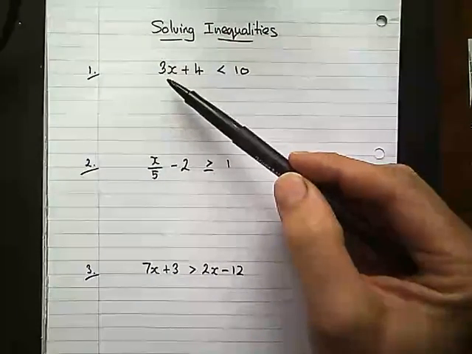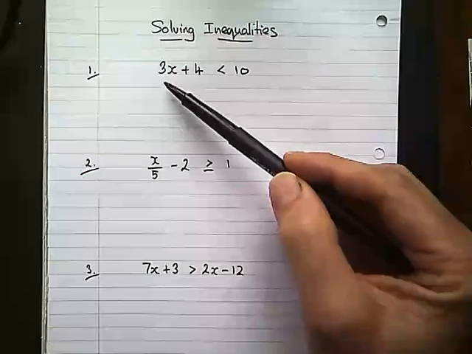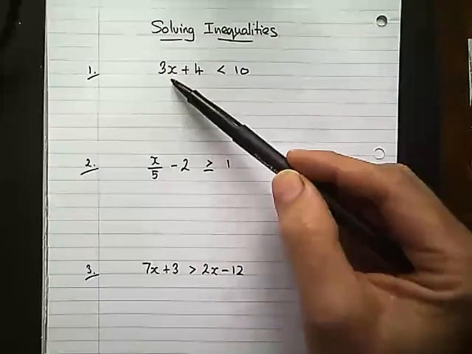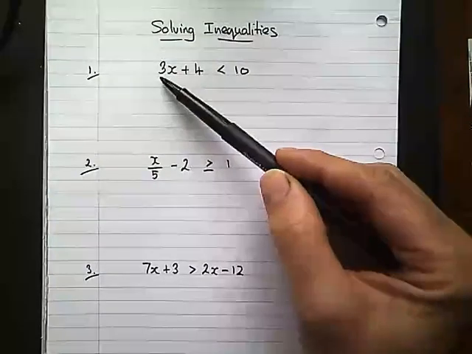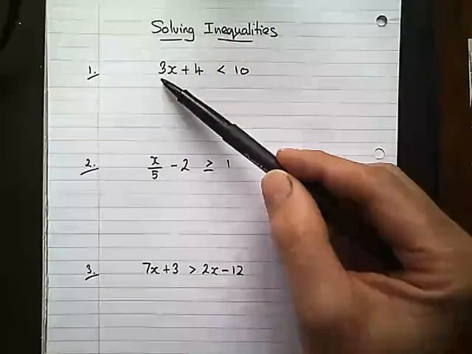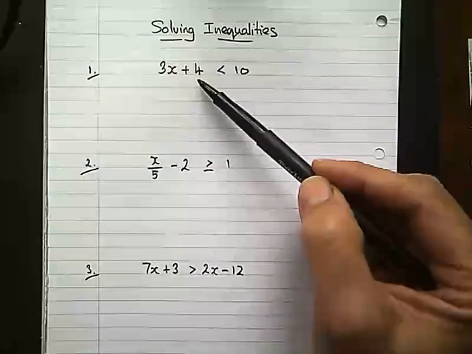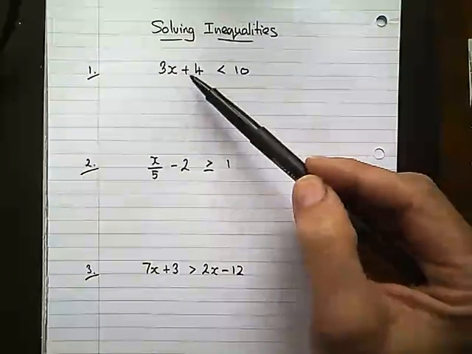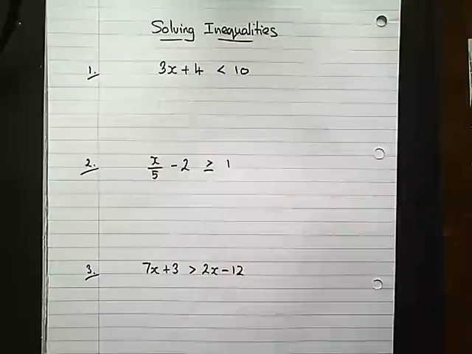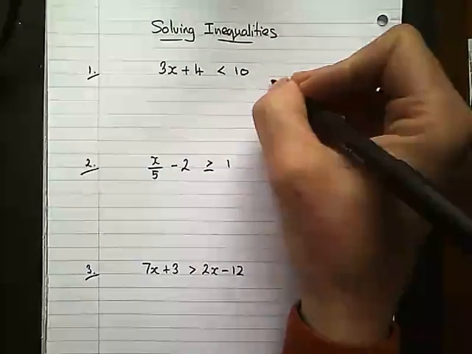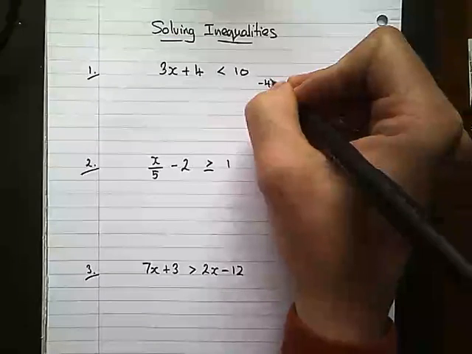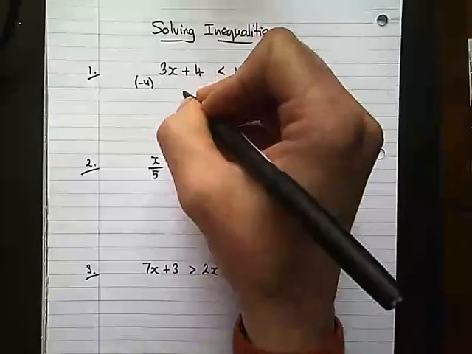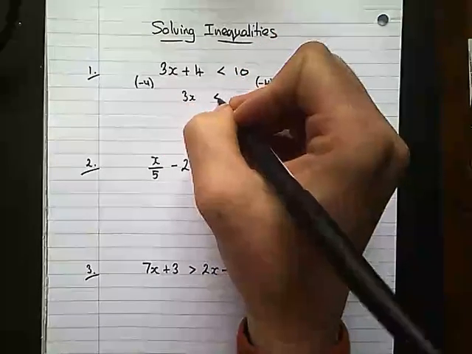So instead of multiplication being the first thing we do, we need to undo it. Think about what happens to x. The first thing that happens to x is I times it by 3. After that, I add 4. So I need to reverse that: take off 4, and then divide by 3. The first step is to take off 4 from both sides, and I get left with 3x is less than 6.